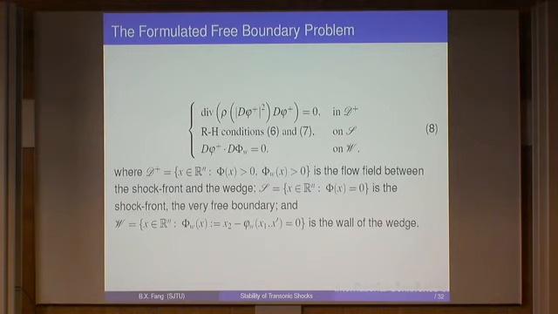This is between the shock front and the wedge, and the wedge is slightly perturbed, and the shock front is a free boundary. This actually means that we have a rigidity assumption of the flow.